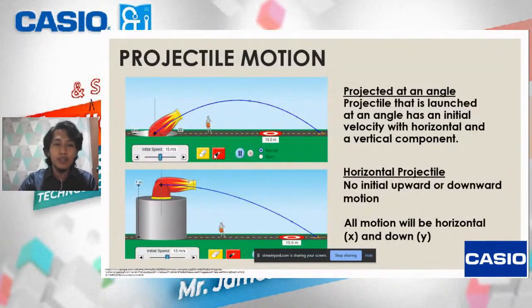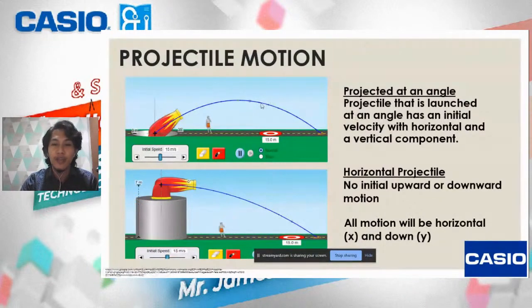But before we proceed, we have two kinds of projectile motion. In fact, there are three: the vertical one, the one projected at an angle, and the one that is not level. Let's discuss just two for now. First is projected at an angle. What we did earlier is one example of projectile motion.